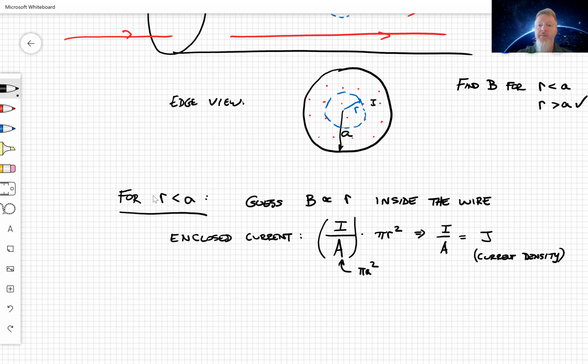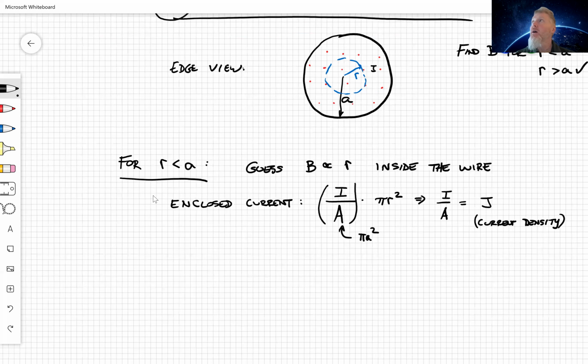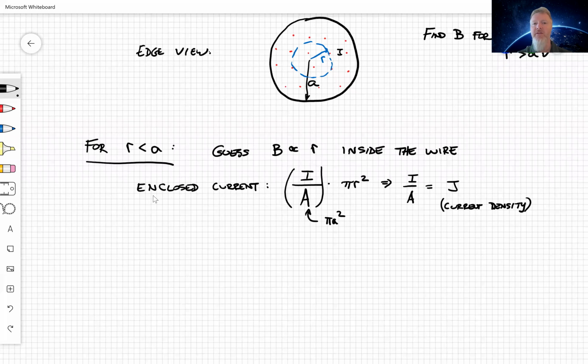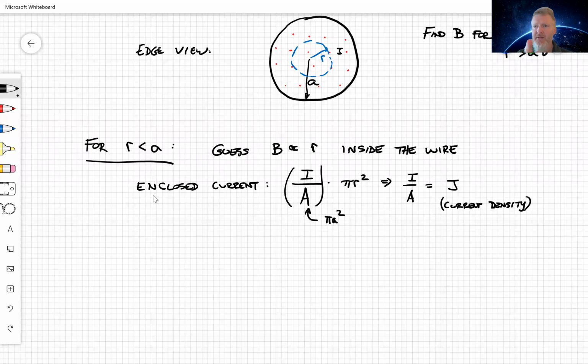So it's a ratio of that. It's the current density, and then it's just the piece that you do have. That should hopefully ring a bell with the enclosed charge, constant volume charge density in a sphere, and I'm only taking this much of it, right? So you'd say rho times the volume of the sphere. Same thing here. It's just the current density times the area.